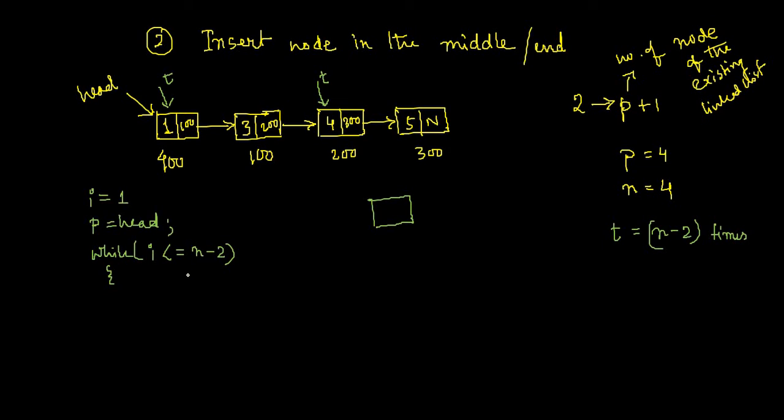And what I will write is T equal to T next. That's all. If you write T equal to T next, this will change the position of T till the required node where I want to stand.